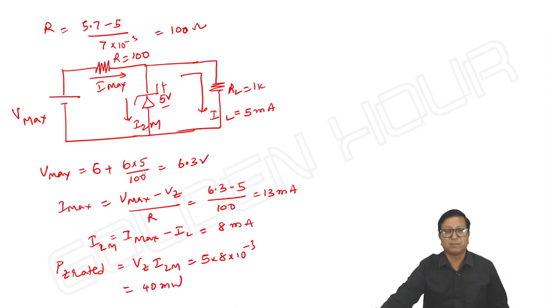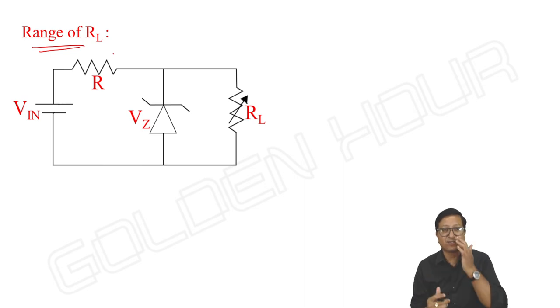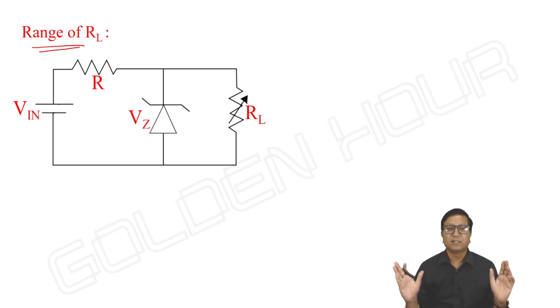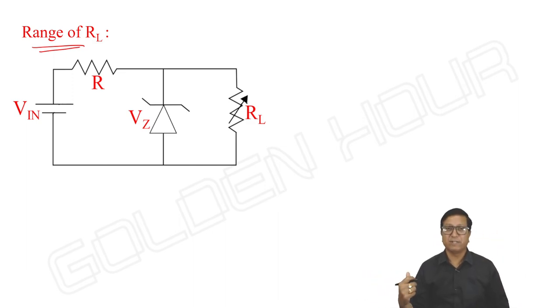So this is how we can see some problems on the range of input. The next case is range of RL. Here what I am doing is, first for better understanding, I started with no variables, right? We have input, R, RL, Zener diode, etc. Next I started with keeping RL constant and V input variable.